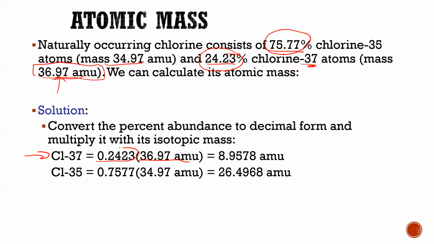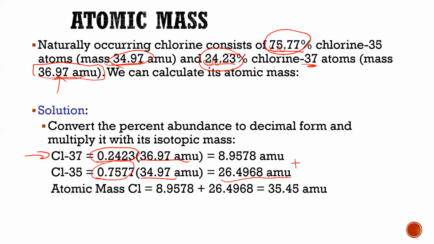We converted that percentage into a decimal by simply moving it over twice. Then we did the same thing for chlorine 35. Here's the mass right there, and the percentage we moved over gave us the decimal 0.757. We took the sum of those products, added them up, and got our weighted average, because they each contribute a little bit differently.